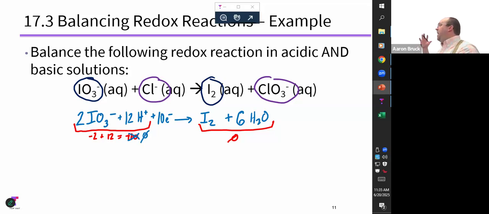Now, is this a reduction half reaction or is this an oxidation half reaction? How do you know?